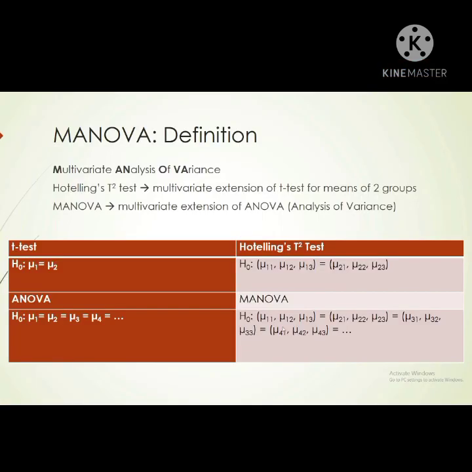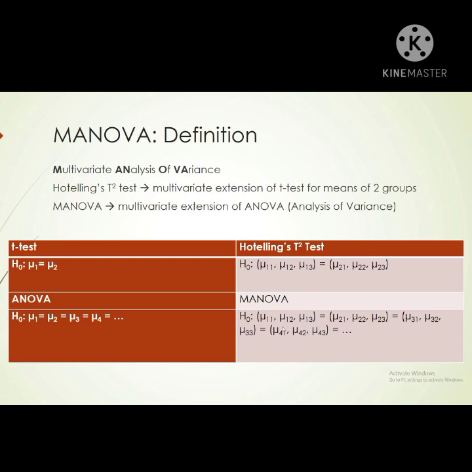So MANOVA stands for Multivariate Analysis of Variance. So we can guess that MANOVA is a multivariate extension of ANOVA, which is analysis of variance, just like the Hotelling's T-squared test is the multivariate extension of the t-test for means of two groups.